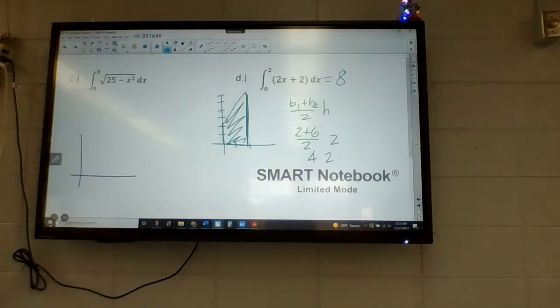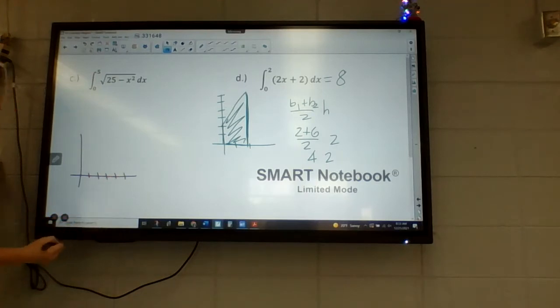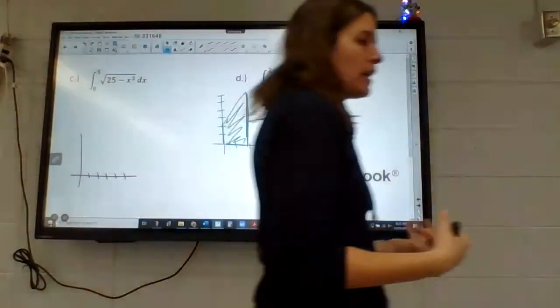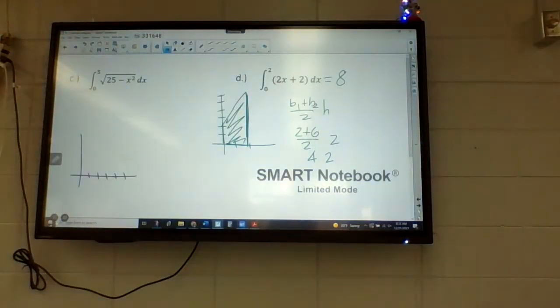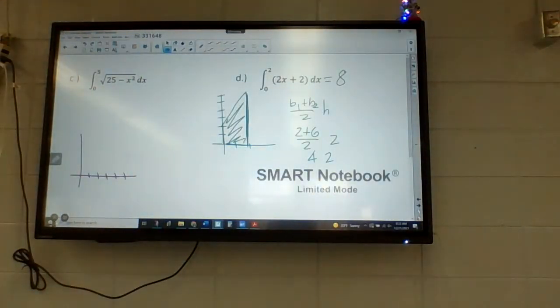So I'm going from 0 to 5. And I just started substituting values in. But again, I don't know where your comfort is, like would that occur to you? I don't know. I'll put it in decimals. You guys have graphing calculators in front of you. I guess I could put it into our graphing calculator.